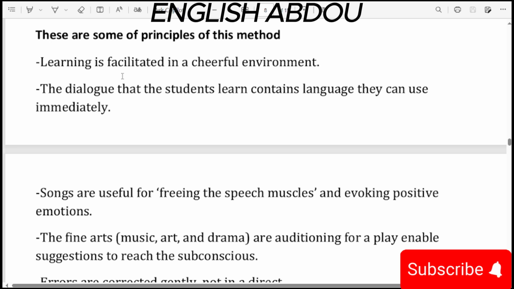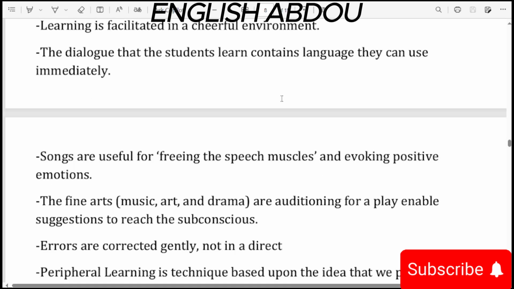So they put rules on the wall, or stick decorations on the wall, etc., in order to help students feel relaxed inside class. The dialogue that the students learn contains language they can use immediately. So they use just simple language inside class.